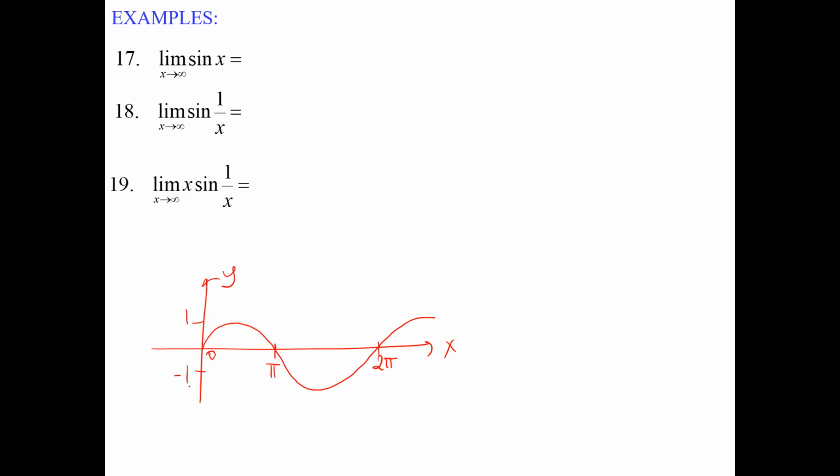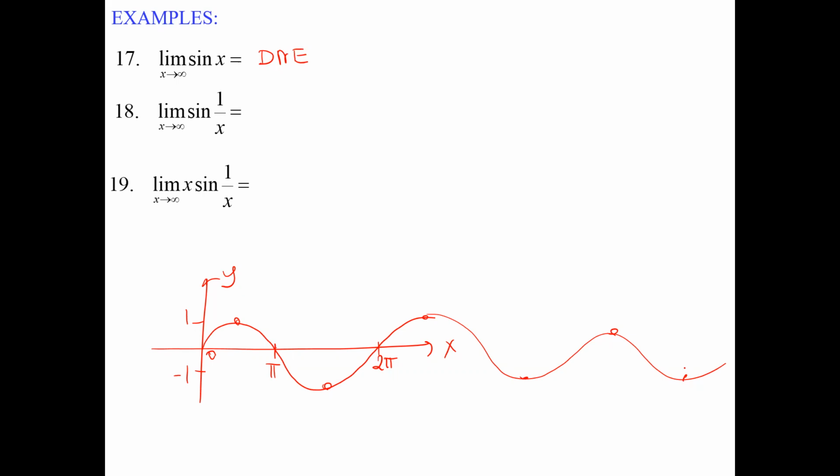And we may notice the function sine is oscillating between the values 1, negative 1, 1, negative 1, 1, negative 1. We may say that the limit at infinity does not approach a finite number. And sine of x doesn't have a horizontal asymptote, because the limit at infinity is undefined.